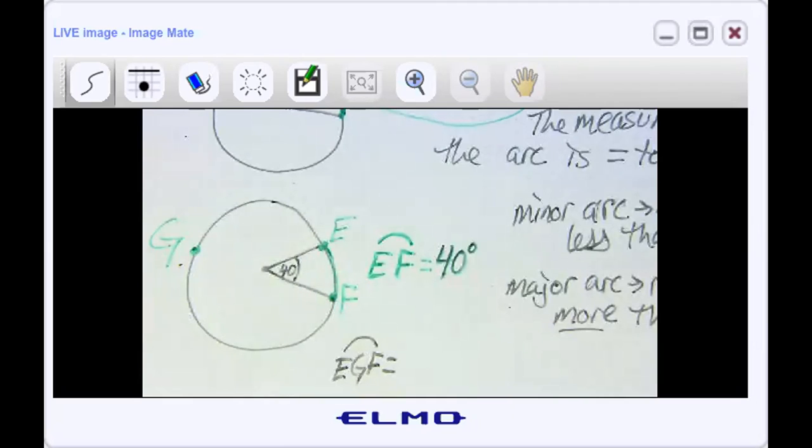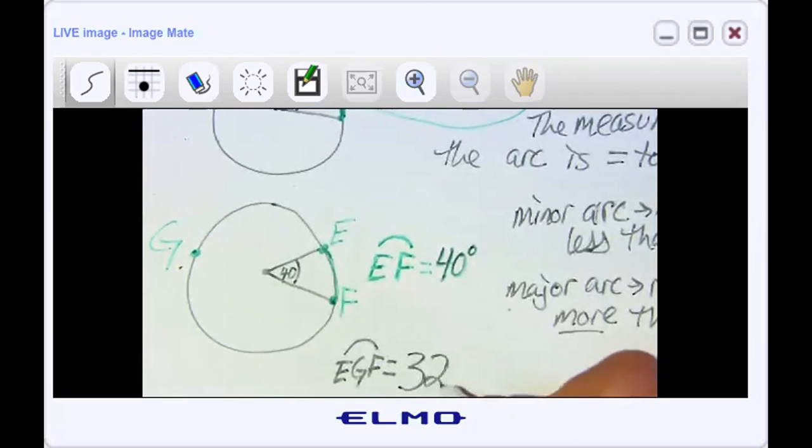Yes, because remember, a full circle is 360. So all the way around would be 360, but you already have 40, so that leaves 320 degrees to be that major arc, which makes sense because it's got to be something bigger than 180, right? Because major arcs are more than half the circle. Yay!